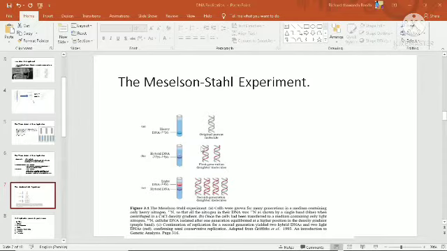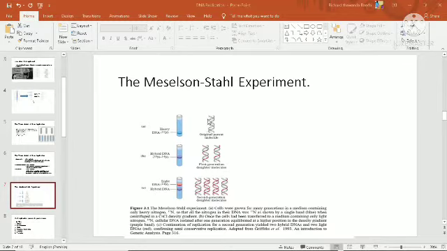This suggested that a hybrid DNA was formed. So meaning a strand was formed which contained the N15, and then the old one which contained the N14 was already there.